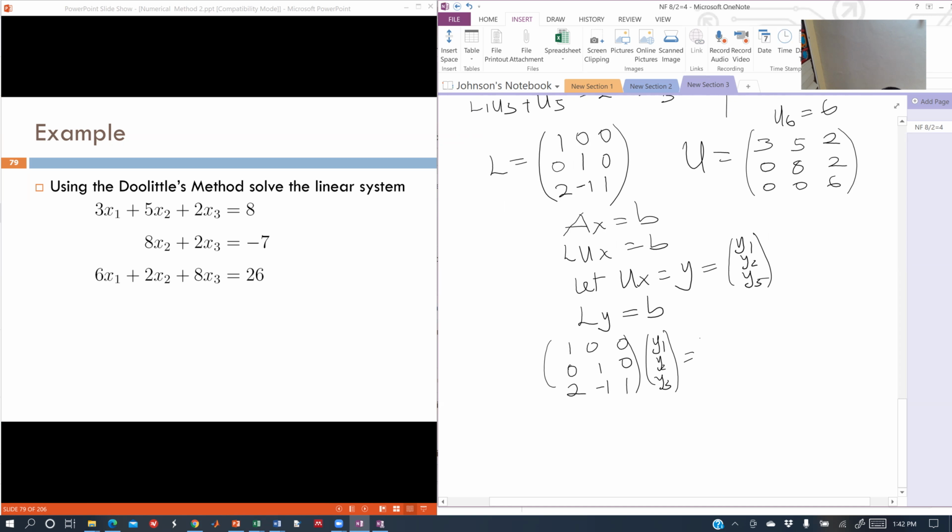The values of B. B is 8, minus 7, 26. This is what we have.